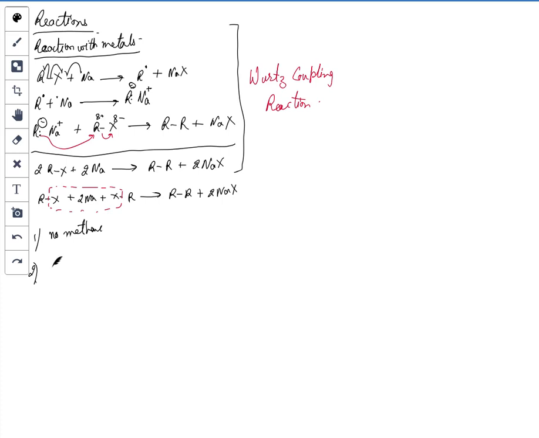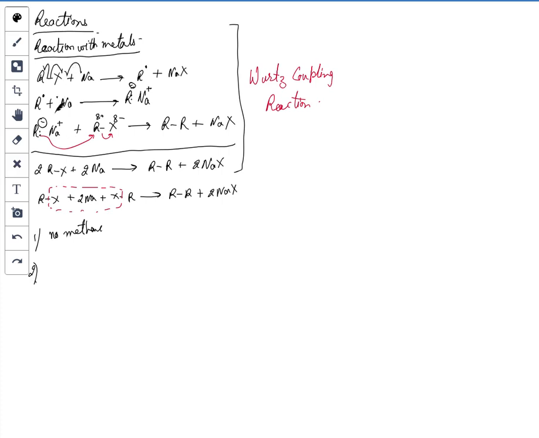Clear? Because we are going to end up with a mixture of close boiling alkanes, which would be difficult to separate. Is this clear? So that's what we have as the limitation of Wurtz reaction.